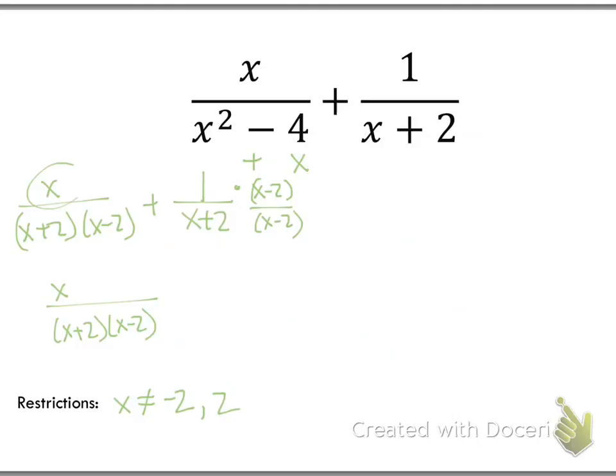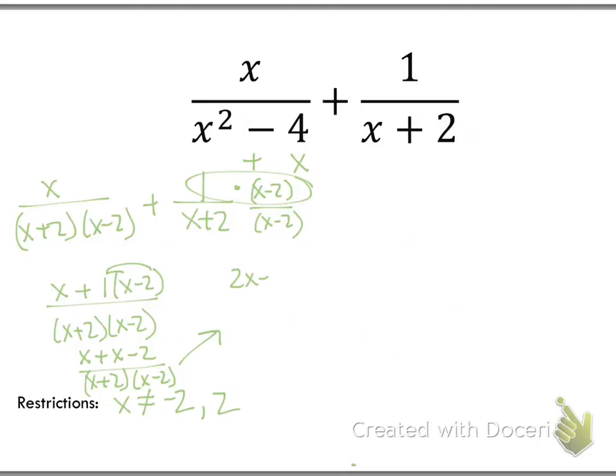I have an x right here. I add my plus sign in, and then I got the rest of this 1 times x minus 2. Then we just work the top till we get something to cancel. So if I distribute this 1 here, I'll have x plus x minus 2 over x plus 2 x minus 2. I could keep simplifying the top. X plus x gets me 2x.